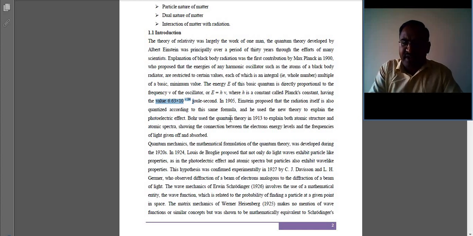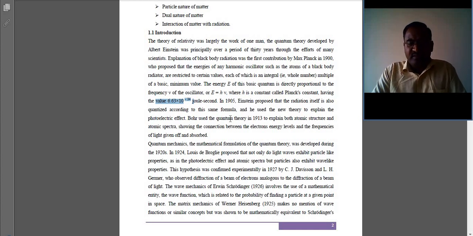In quantum mechanics, the mathematical formulations of the quantum theory were developed during the 1920s. Later, they were modified by Louis de Broglie, C.J. Davisson, L. H. Germer, and Erwin Schrödinger, Werner Heisenberg.